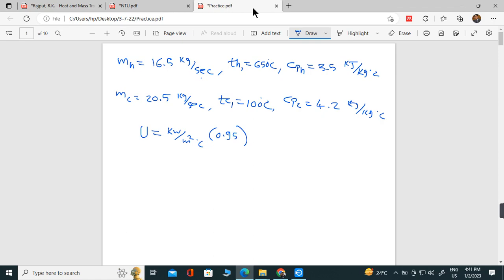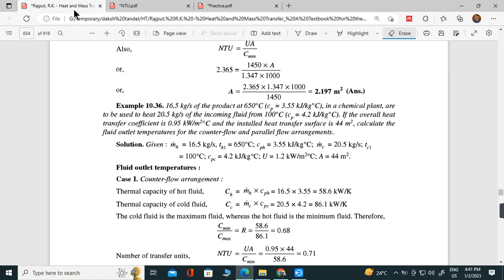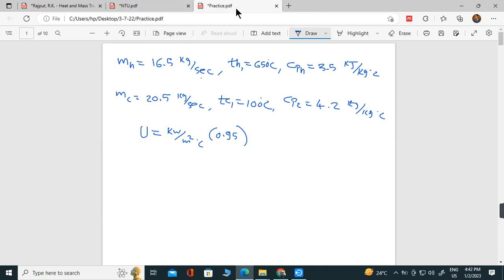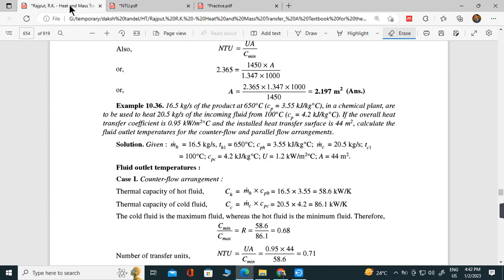Clear? So this is U. The installed heat transfer surface is 44 meter square, so area is also given. Area is 44 meter square. Calculate the fluid outlet temperatures for counterflow and parallel flow arrangements.